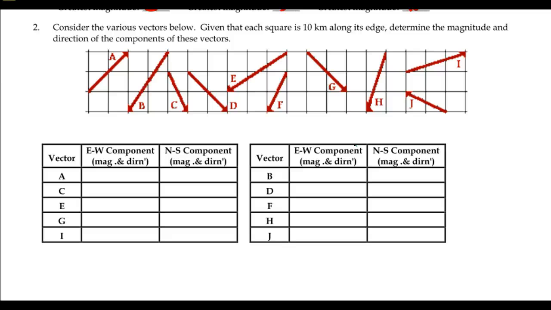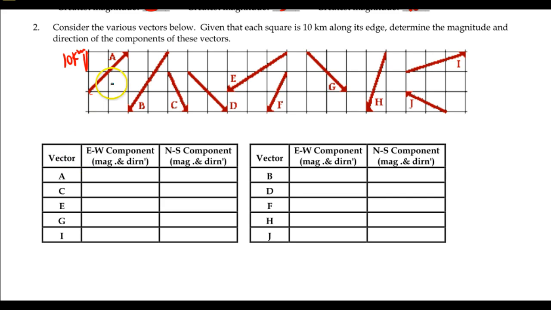Okay, in this case we have a grid to help us measure out the distances. Each grid, this is 10 kilometers of distance. So if we look at vector A here, it's going to have an east component and a north component. East is the direction, that would be 0 degrees.